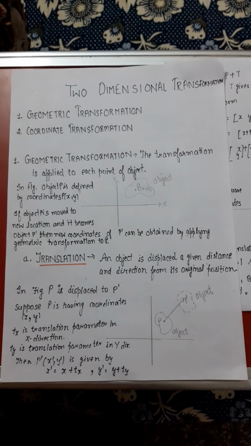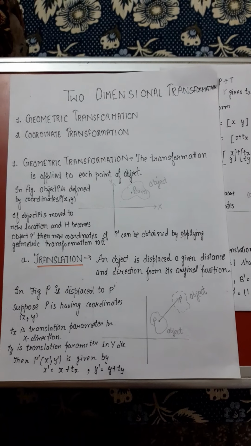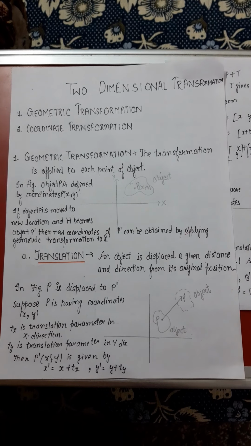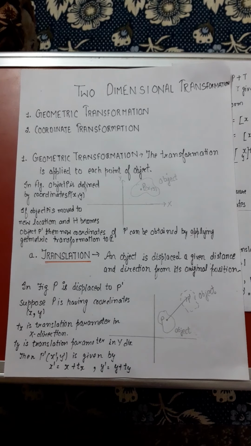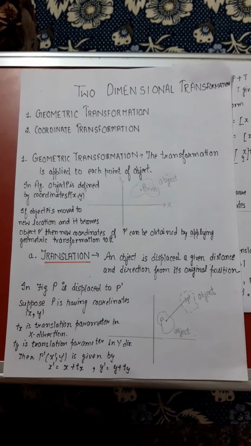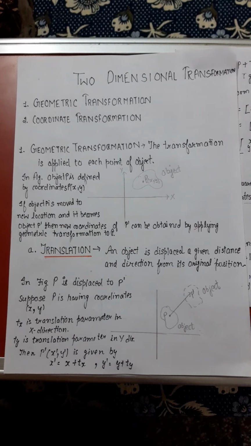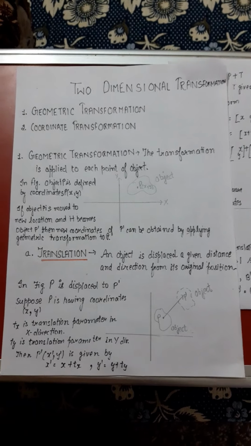So earlier the object was at point P, now it is displaced to point P dash. P has coordinate xy. Suppose Tx is the translation parameter in the x direction, meaning how much displacement we want in the x direction. Ty is the translation parameter in the y direction, meaning how much displacement we want in the y direction.